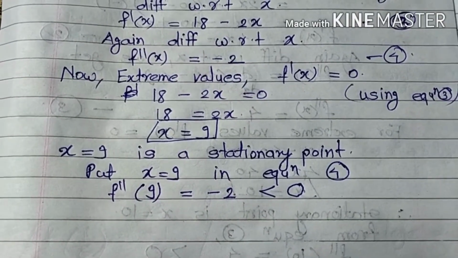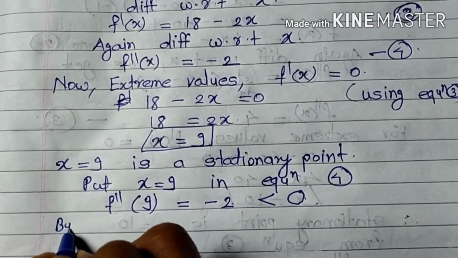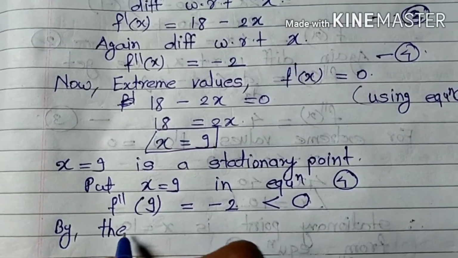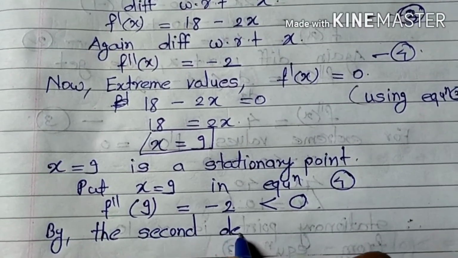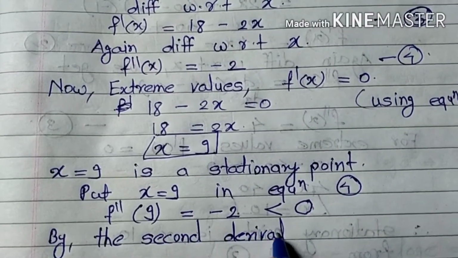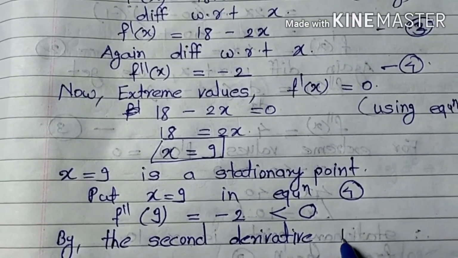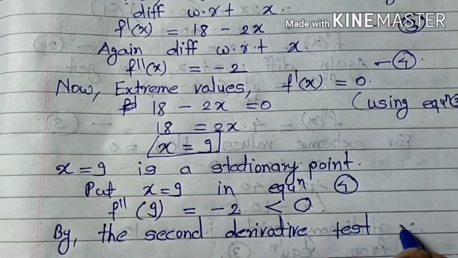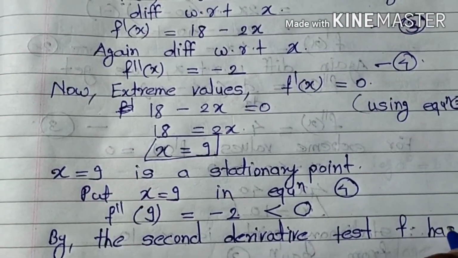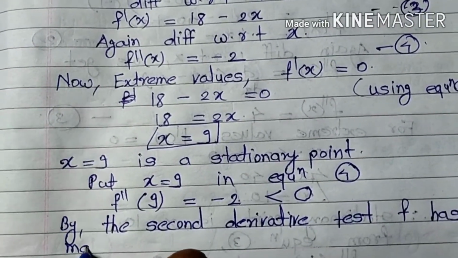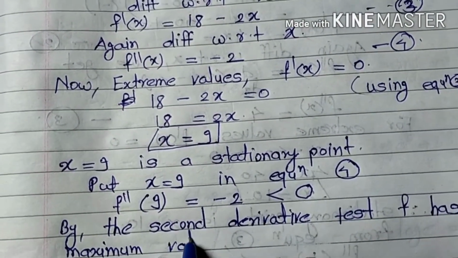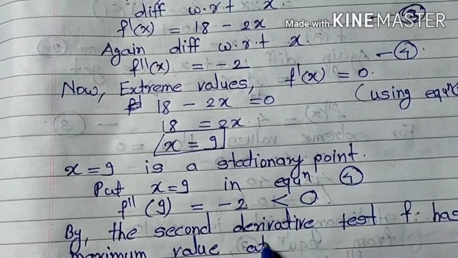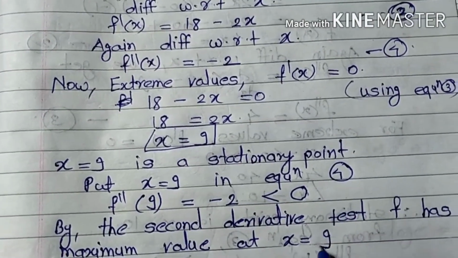So using the second derivative test, f has maximum value at x equal to 9.